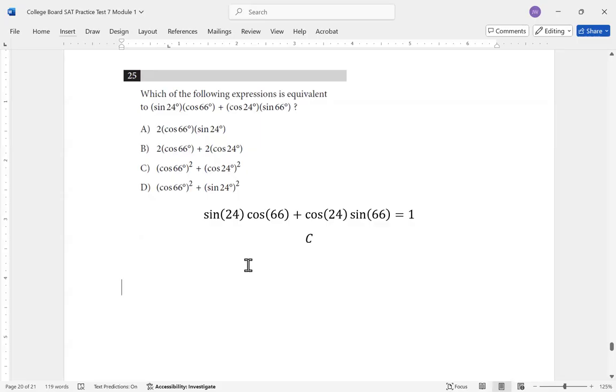So let's draw a right triangle where one angle is 24 degrees and the other angle is 66 degrees. 24 and 66 add up to 90, and so I know that a 90, 66, 24 degree right triangle would exist. I can say right triangle because we're dealing with 24 degrees and 66 degrees.